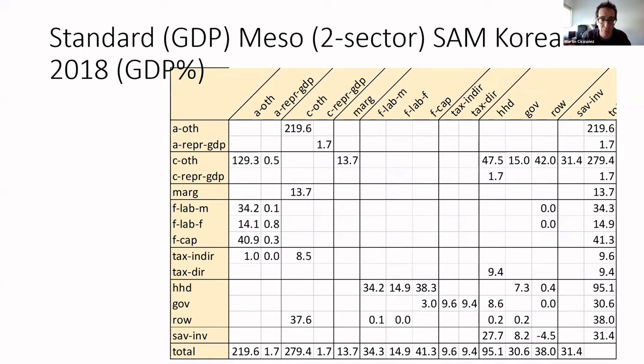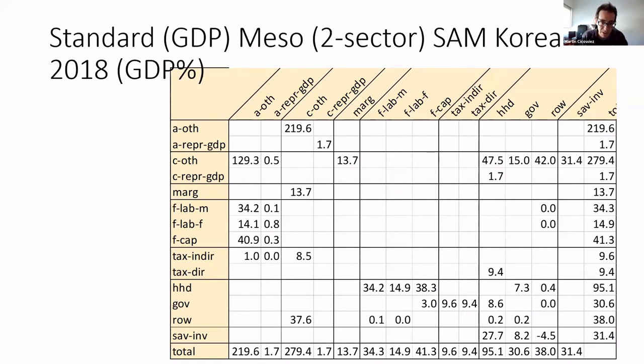We have activities and commodities in the national accounts, and we actually use different classifications for the two of them. We use the ISIC, the international industrial classification, for activities, and the central product classification, which is more disaggregated, for commodities.